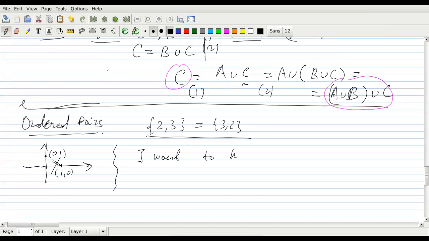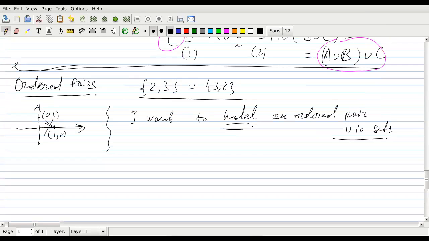I want to model an ordered pair via sets. Interesting. Let's do that.